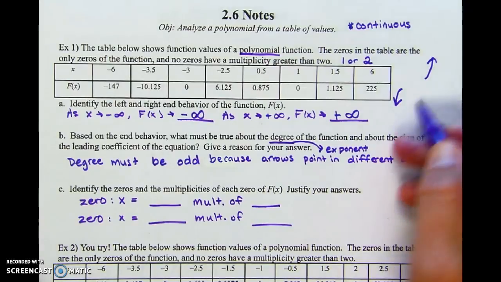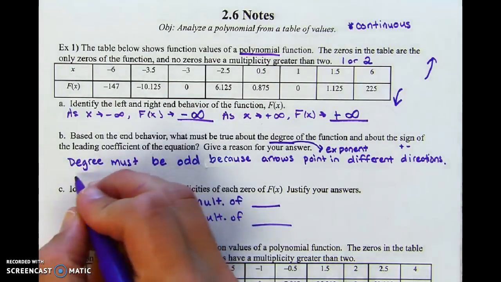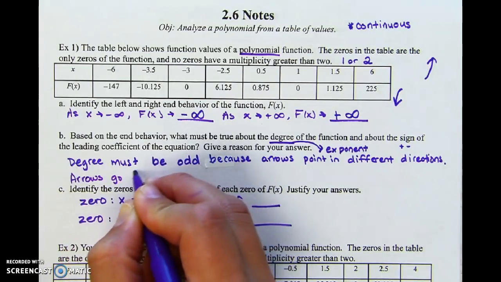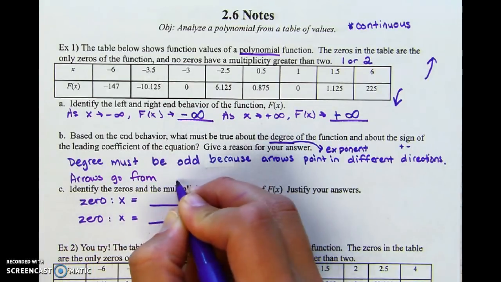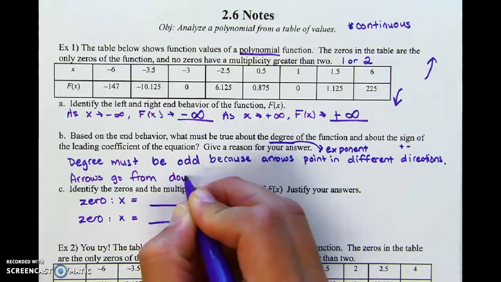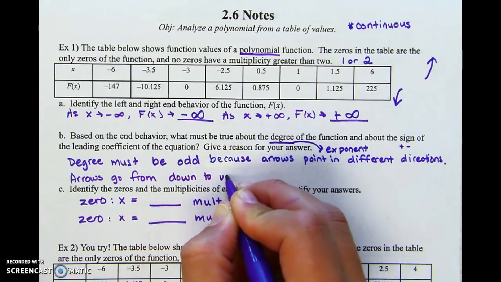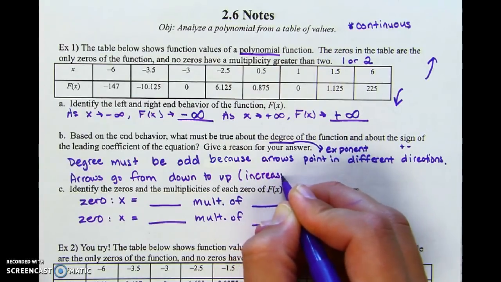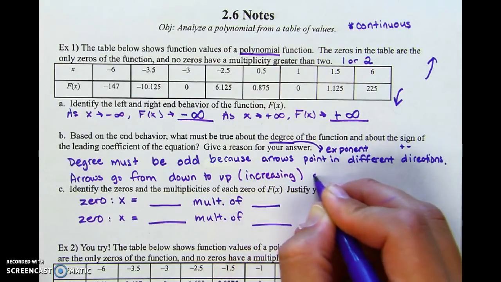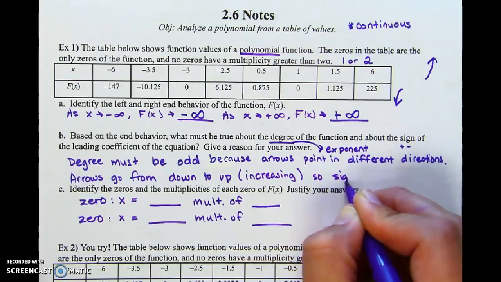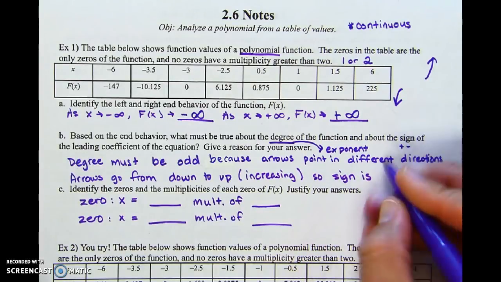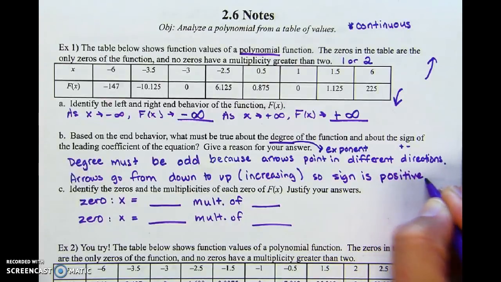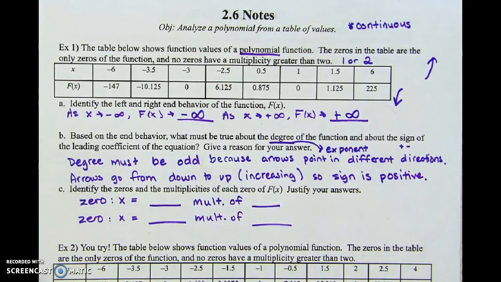It's positive because the arrows go from down to up. Do you know what that means? Increasing. So the sign of the leading coefficient is positive. There you go. Okay.